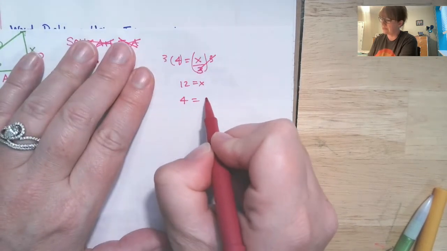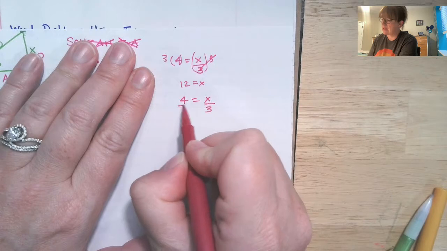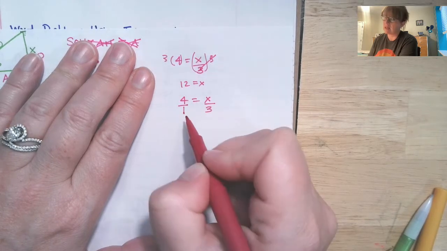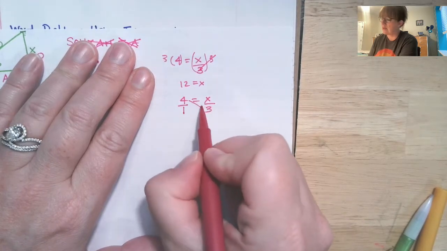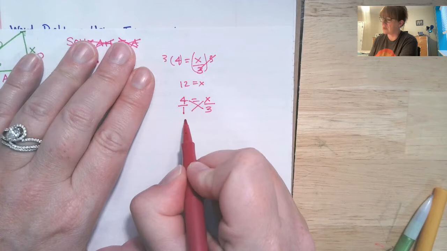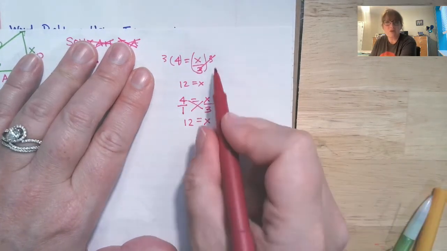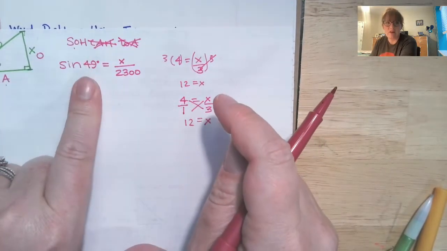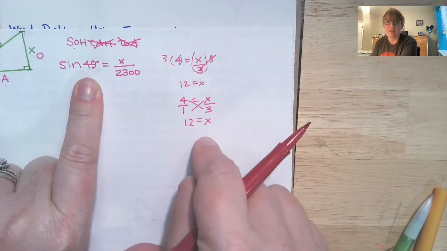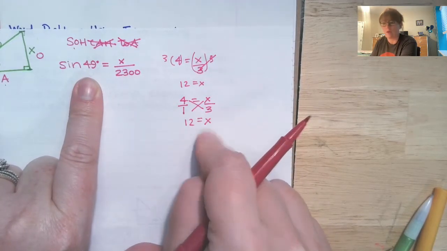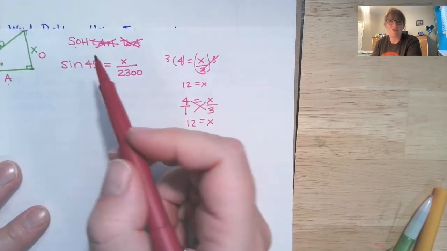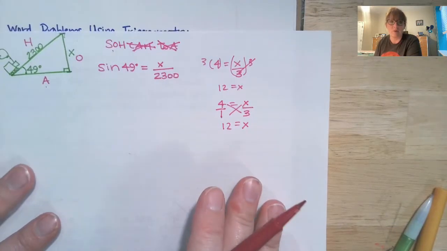Or we can make this into a fraction because anything has a denominator of 1, and then cross multiply. So 4 times 3 is 12. 1 times x is x. Okay? So whenever something looks scary, you're like, what the heck do I do with that? Try to think about something more simple that you know, okay? Sine 49, it's just a number. It's a weird number, but it's a number, okay?